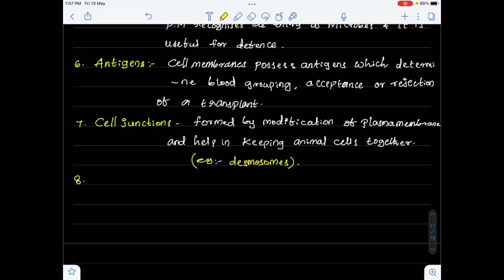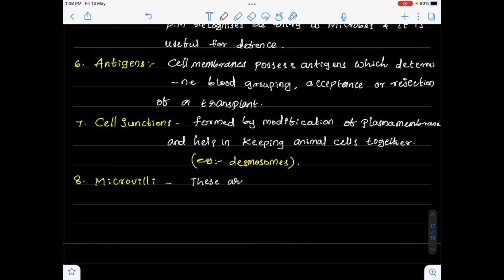Another function of the plasma membrane is, in certain body parts like the digestive system, small finger-like projections present on the inner lining of the small intestine are called microvilli. Now let me write microvilli.